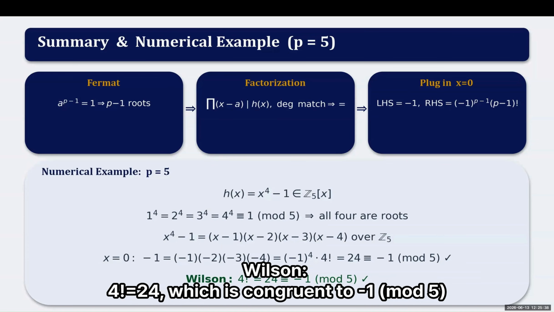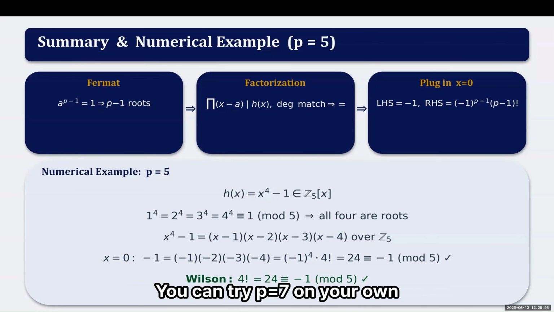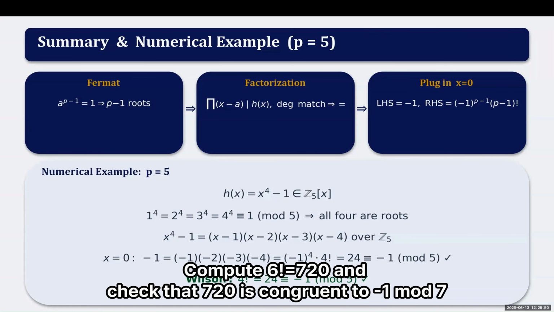Wilson, 4 factorial is equal to 24, which is congruent to negative 1 mod 5. You can try p equals 7 on your own. Compute 6 factorial is equal to 720 and check that 720 is congruent to negative 1 mod 7.